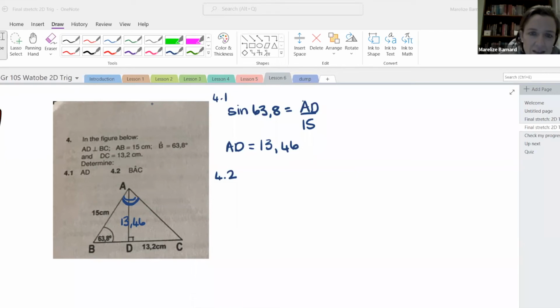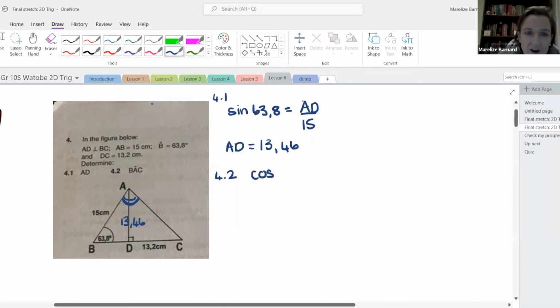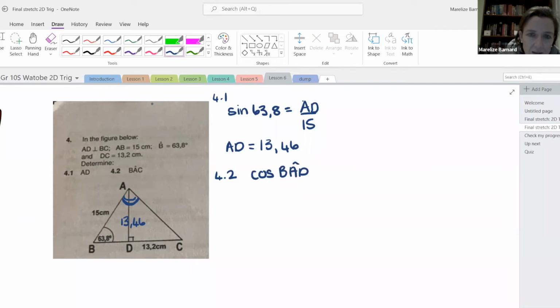Okay, so I'm going to go with this idea of finding cos of angle BAD, and that being adjacent over hypotenuse, so 13,46 over 15. And now we're going to use our shift button on our calculator.